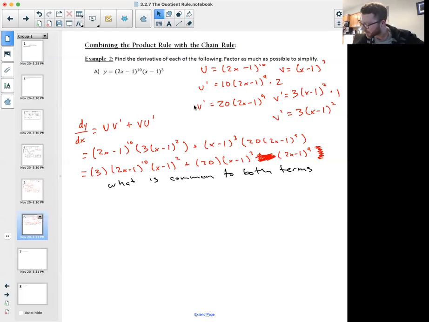We will have 2x minus 1 to the 9 is common in both, and we also have x minus 1 to the 2 that is common in both. If we look on the right side of the plus sign, we have x minus 1 to the 3rd, and on the left, we have x minus 1 to the 2nd. We're going to be factoring out the lowest exponent.